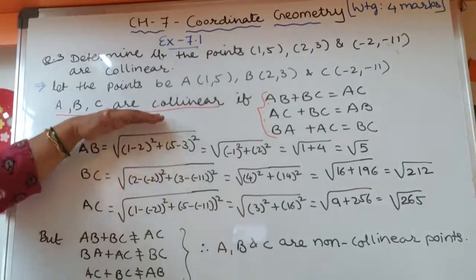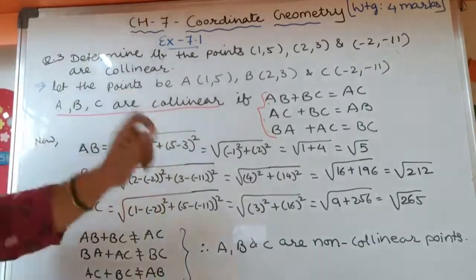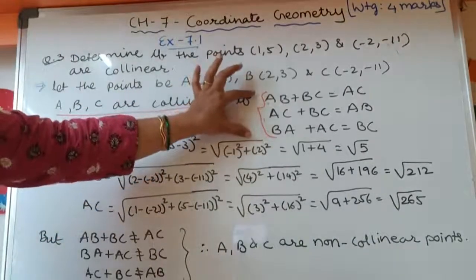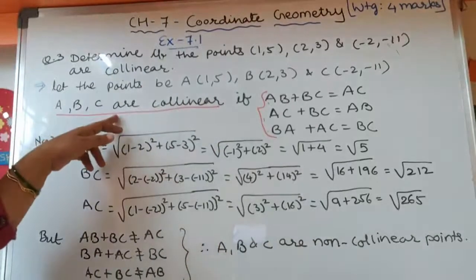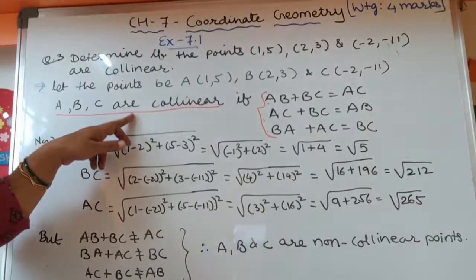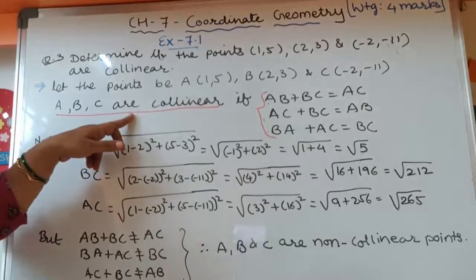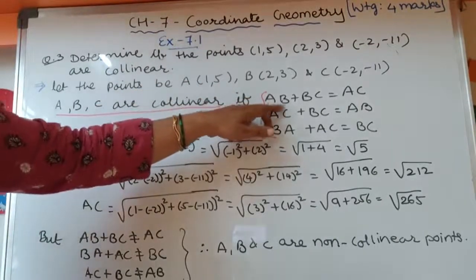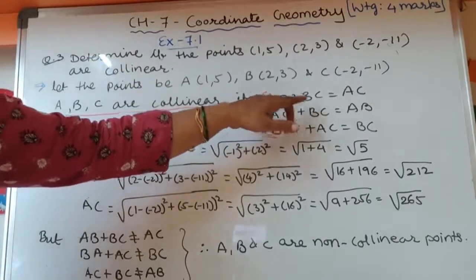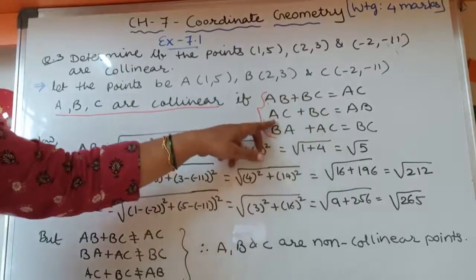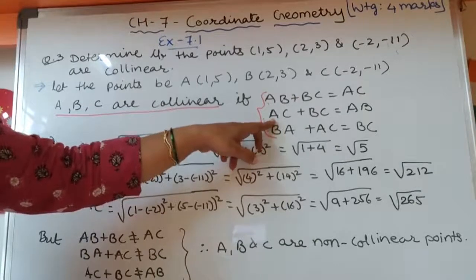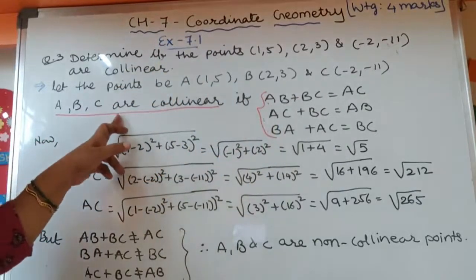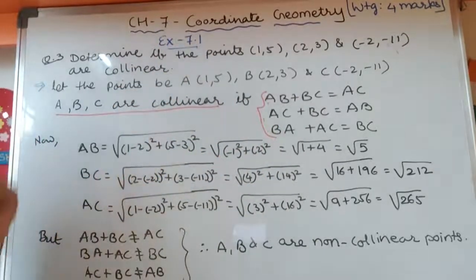If these 3 are collinear, then any one of these possibilities must hold. So for that we have to find the distances AB, BC and AC.